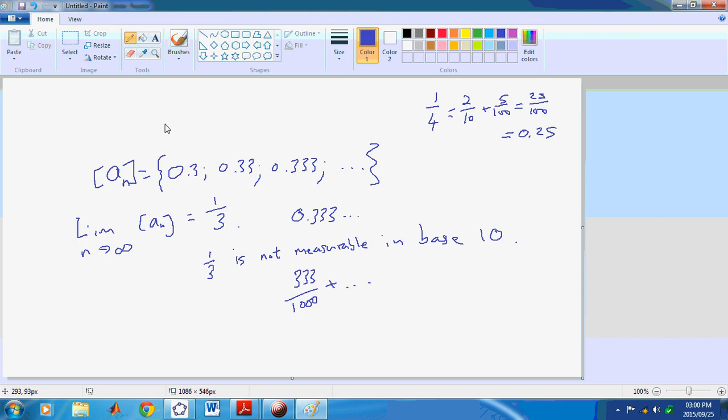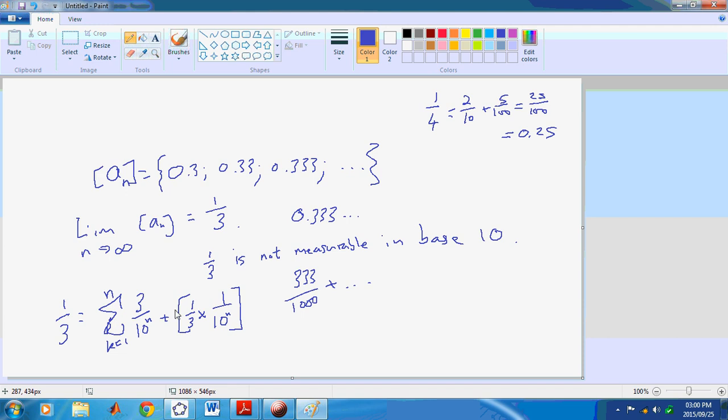Okay, somebody else might retort, in fact I was the one to do this initially, as follows: 1/3 is equal to the sum from k equals 1 to n of 3 over 10 to the k, plus 1/3 times 1 over 10 to the n.